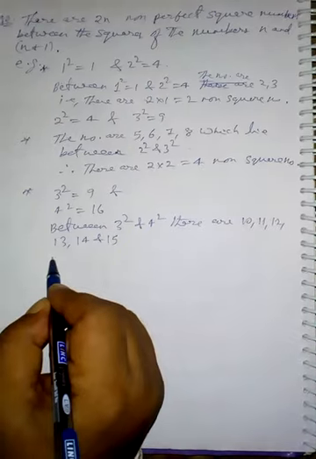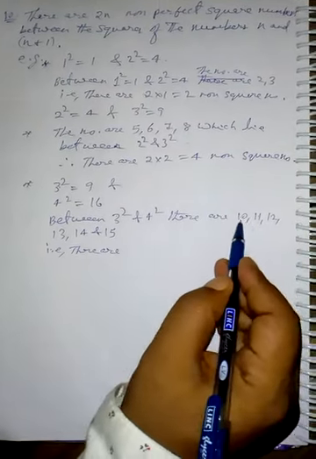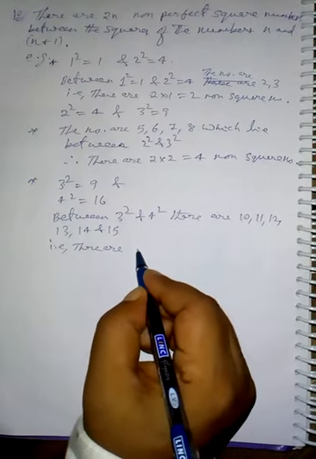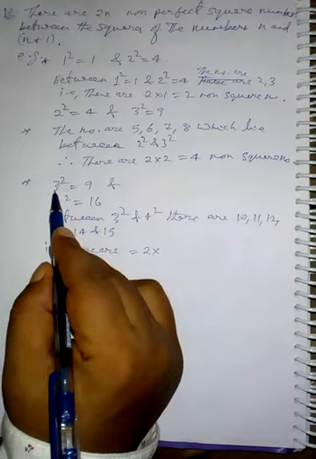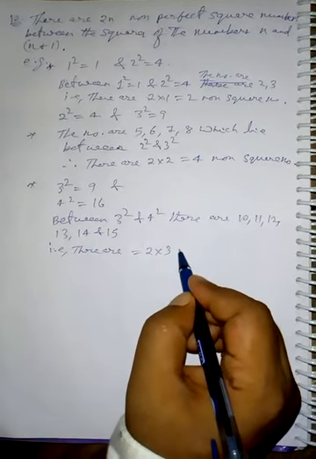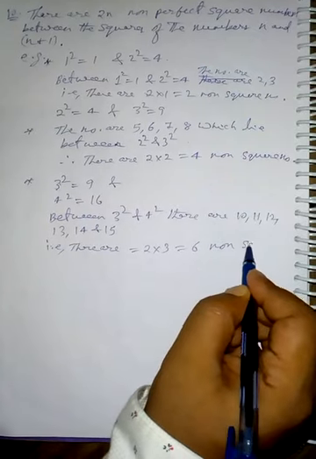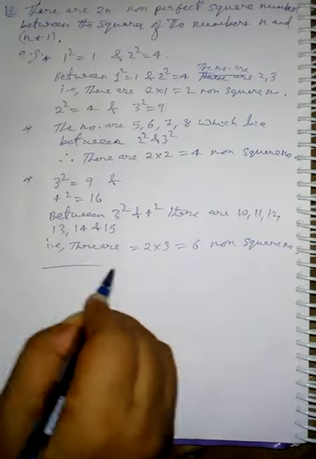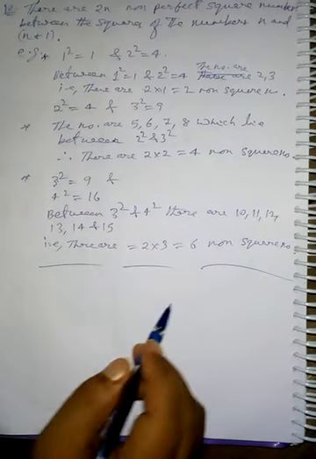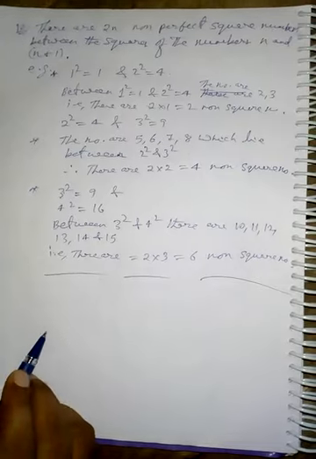So how many are there? 1, 2, 3, 4, 5, 6. There are 2 into 3, which is equal to 6 non-square numbers. So this is the 10th property. We will do the exercises after this property.